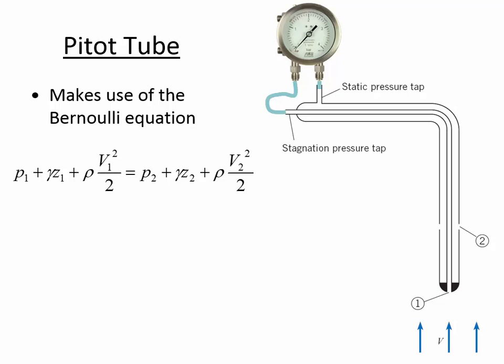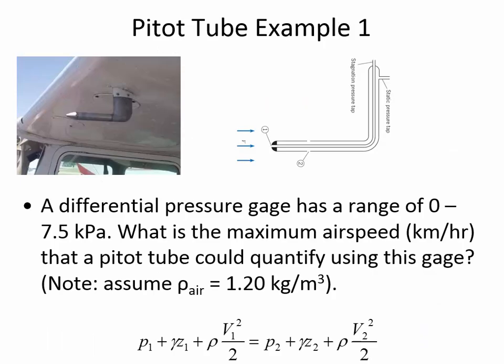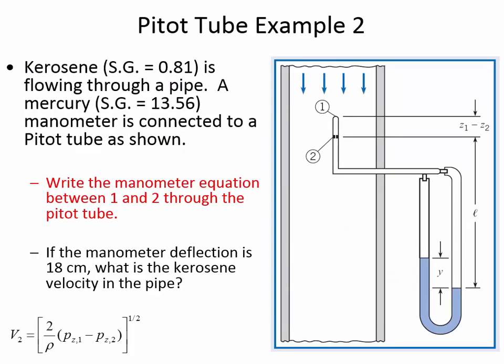So if we want to go from 1 to 2 and apply the hydrostatic equation, we have to go all the way through the tube and through the gauge to get there. And that's what we're doing in this illustration: there's not a gauge, but there's a manometer. So to relate the two pressures, the pressure at 1 and the pressure at 2, we're going all the way through the pitot tube and through the manometer, taking the scenic route, as they say, to get from 1 to 2.